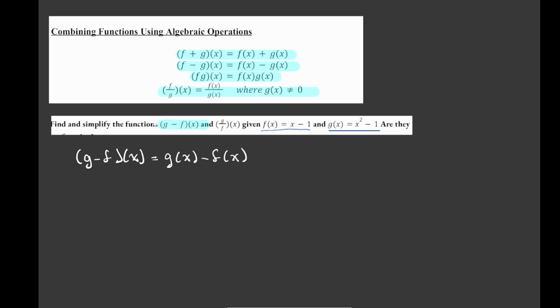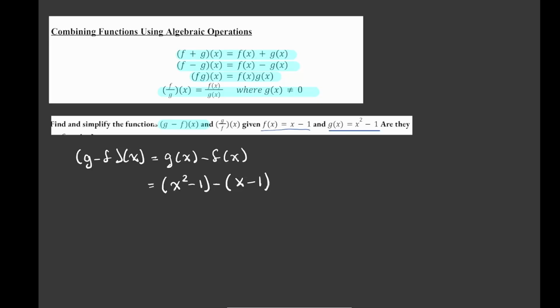Putting the functions inside of parentheses is a big thing when we're doing operations, especially in subtraction, because you're going to distribute the minus sign to the other function. So here, g of x is x squared minus 1, in parentheses, minus f of x, which is x minus 1.